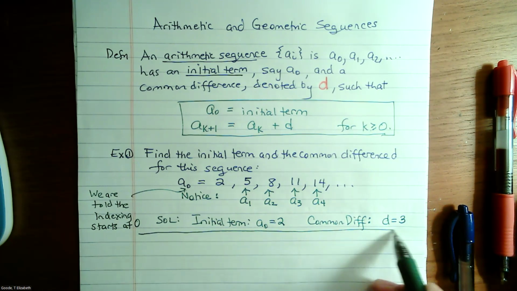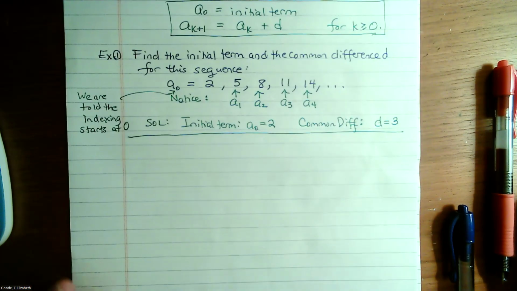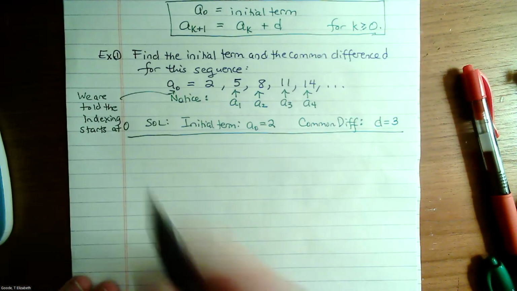Now we have a formula for the general term of an arithmetic sequence.